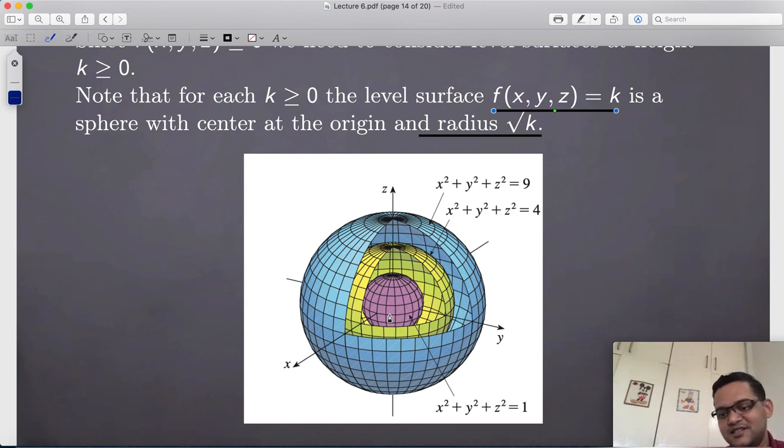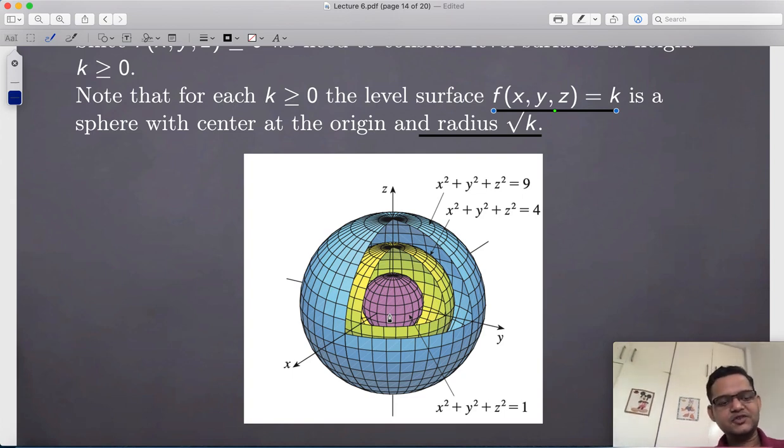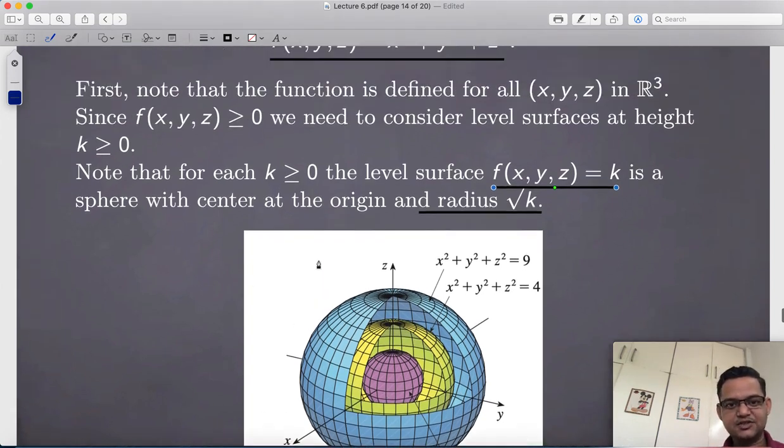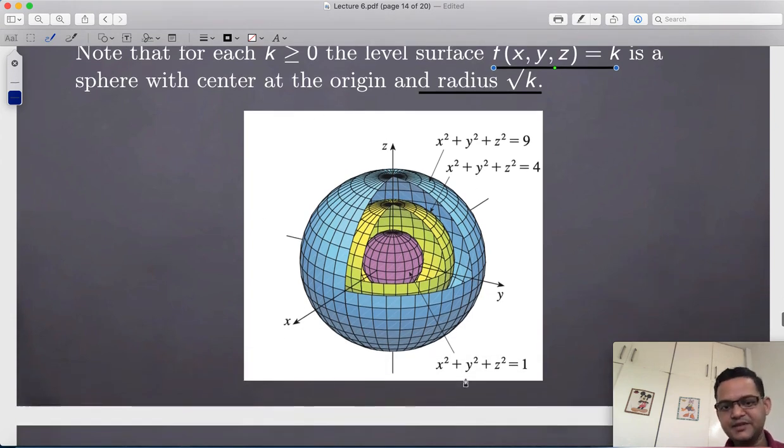So if you want to study the graph, you will see that there is going to be a stack of 3-dimensional things. That is how the 4 dimension will come up, but we won't be able to go into that. So in order to study functions of 2 variables, often we need to study the level curves, and to study functions of 3 variables we will go to the level surfaces.